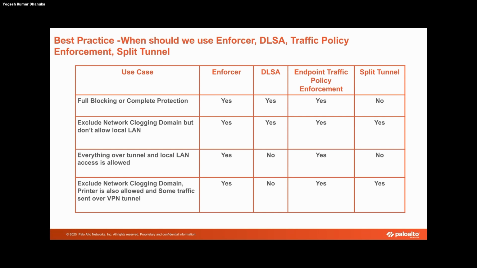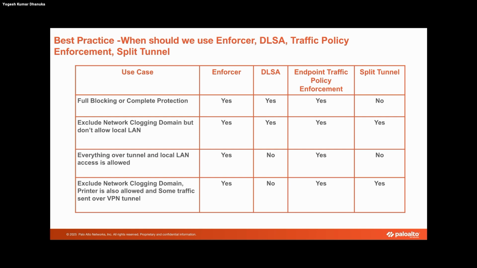But wherever the user is, we are still allowing their local access, because we trust the user, or let's say the machines are always in a corporate environment, and the local network is always trusted. So you're disabling the DLSA, which means you're allowing your local printer or your local network access, but then you're enforcing the use of GlobalProtect for network access, and you're also enforcing the endpoint traffic policy enforcement. So the incoming connections are still going through the tunnel.